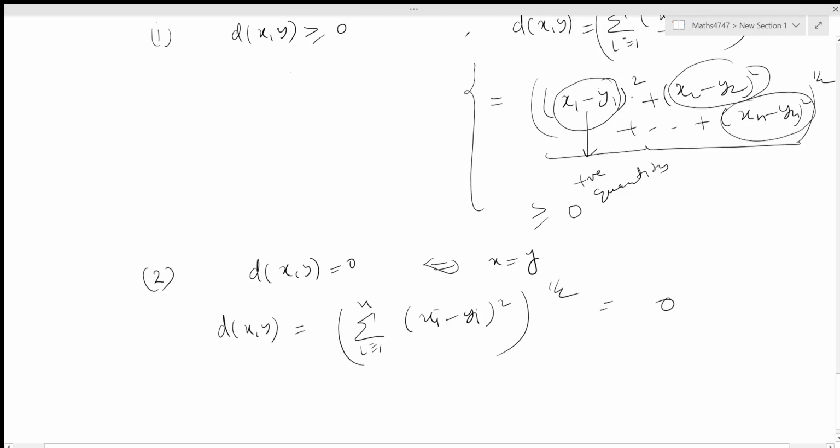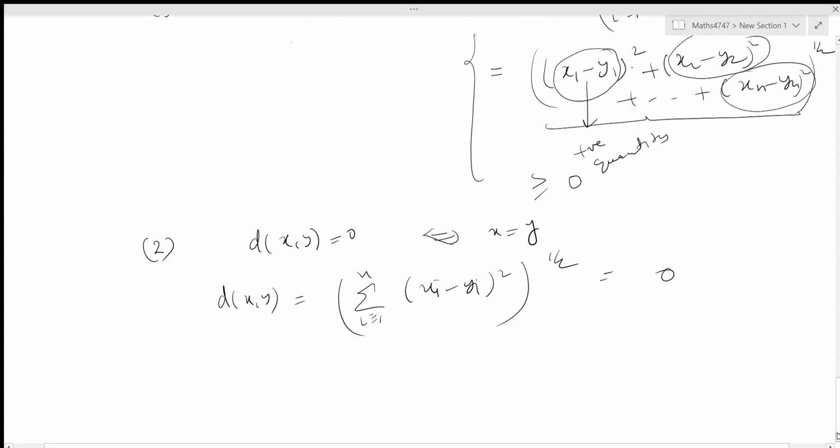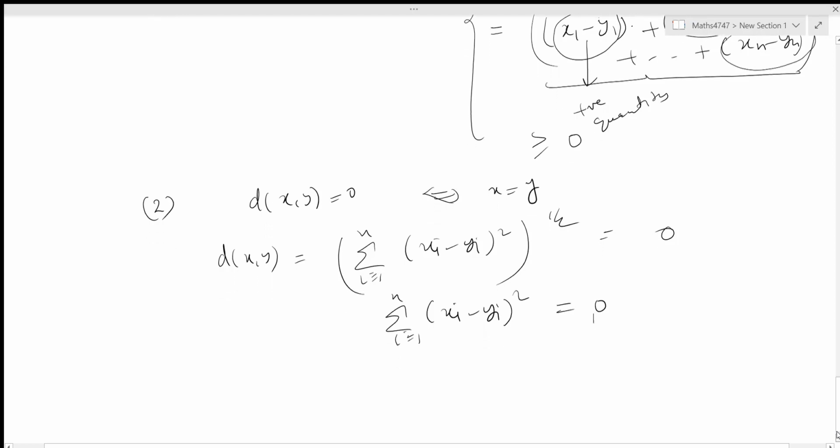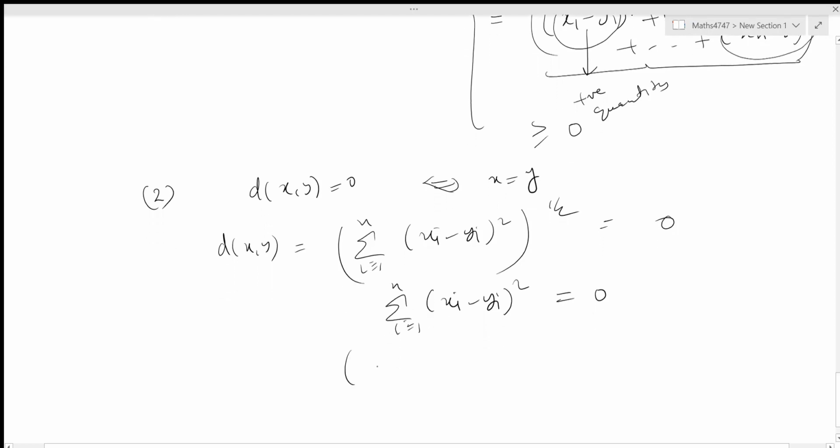We can square both sides, and we get the summation i from 1 to n of (xi minus yi) squared equal to 0. Now we can open this summation: (x1 minus y1) squared plus (x2 minus y2) squared and so on, plus (xn minus yn) squared, that is equal to 0.